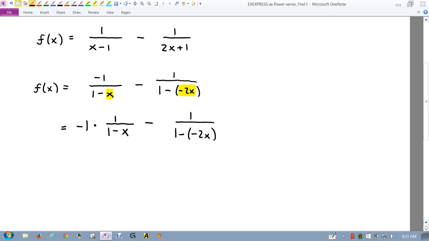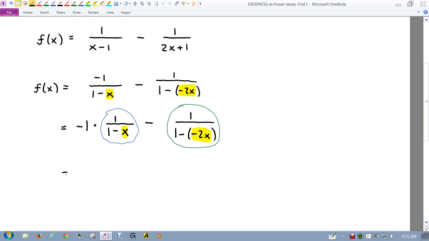Any questions on that part? Again, highlighting the part that's going to become the x in the formula. So each one of those, I mean this and this, can be rewritten using the summation over there, right?